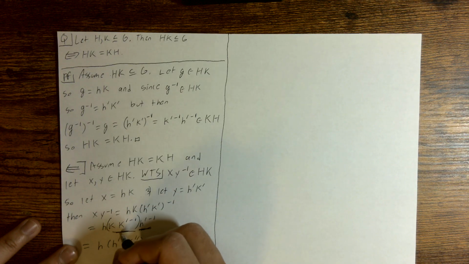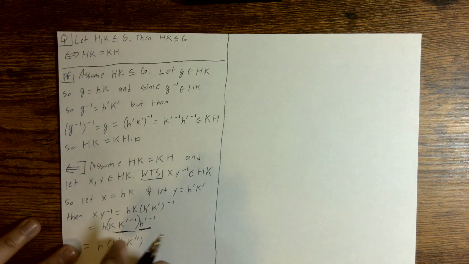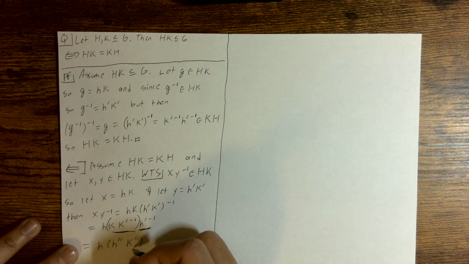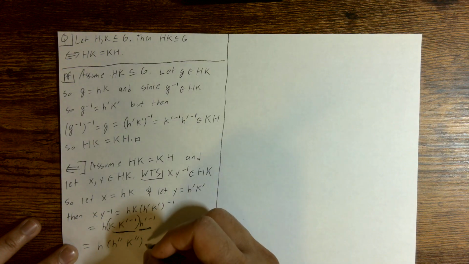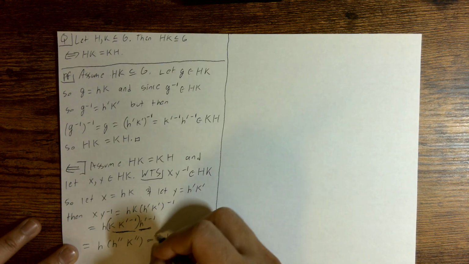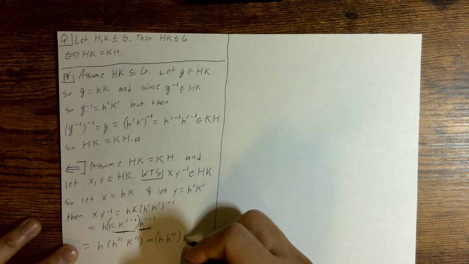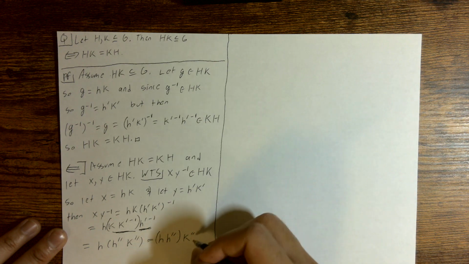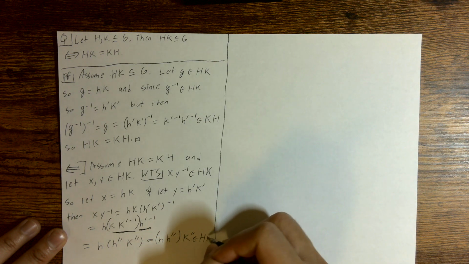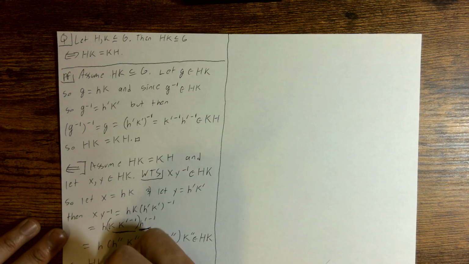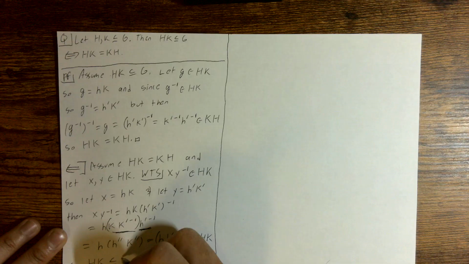So this element of KH can be represented as h double prime k double prime. And now this becomes h double prime k double prime, which is an element of HK. So HK is a subgroup of G.